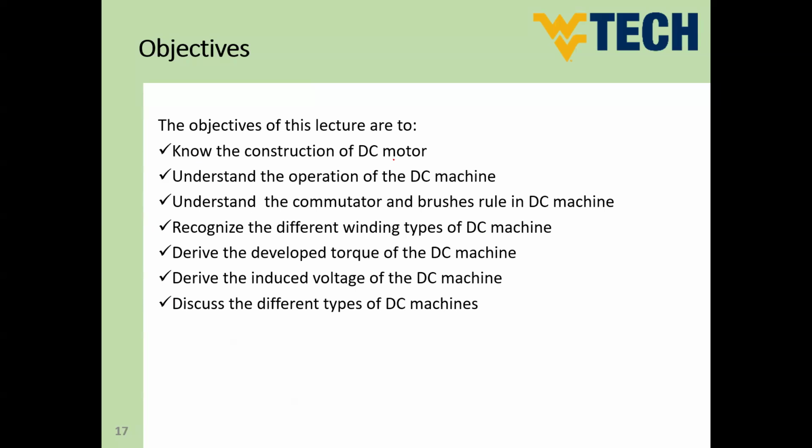We already know that we have a rotor and stator, but we are going to discuss in more depth what the main parts of the DC motors are, how we can construct them, and how we can connect these windings to the outside. We also want to understand the operation of the DC machine, understand the commutator, meaning the commutator and the brushes in a DC machine, and recognize the different winding types of the DC machine, so how we can connect the DC machine windings. We have a lot of connections. Then derive the developed torque and the developed voltage of a DC machine, and discuss the different types of DC machines. So these are the objectives of this material.